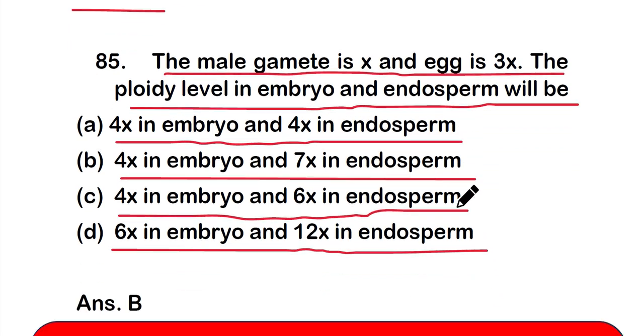So the right one is option B, that is 4X in embryo and 7X in endosperm.